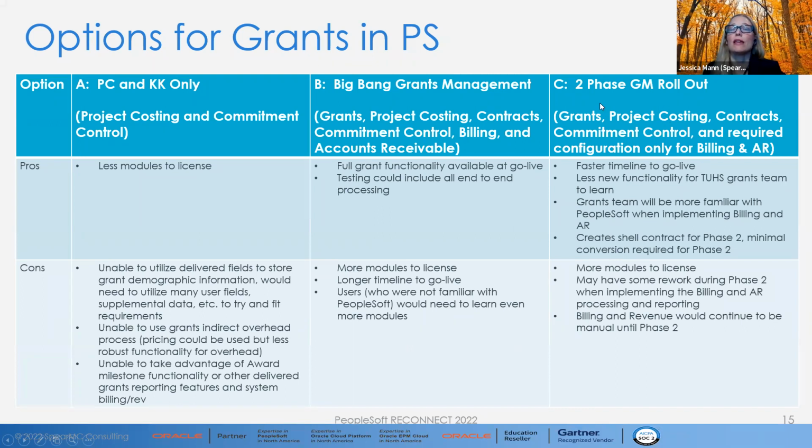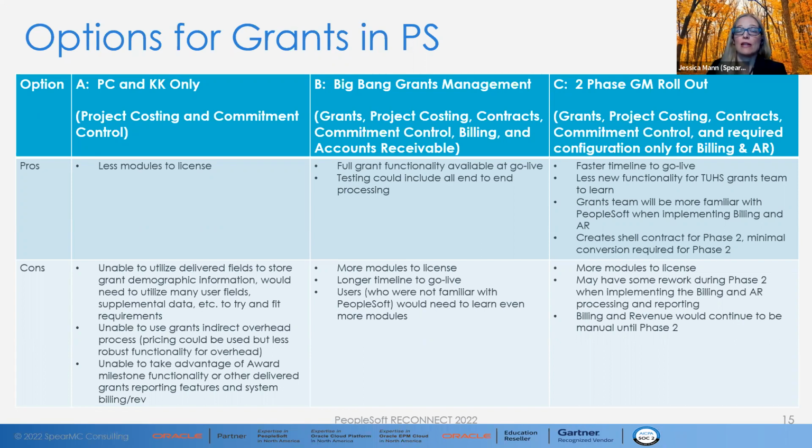Okay, and then for the phased rollout approach, here we would have a faster timeline to go live, so you get those benefits earlier rather than later, in comparison to the big bang approach. There is less new functionality for the grants team to learn, and their grants team would be more familiar with PeopleSoft as we moved into the billing and AR project.